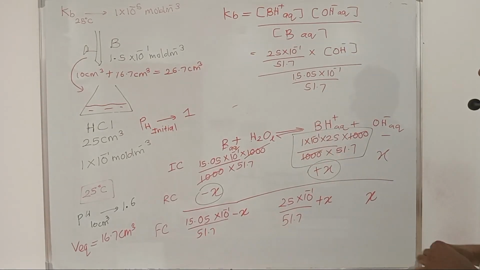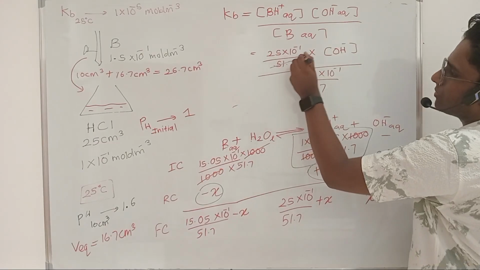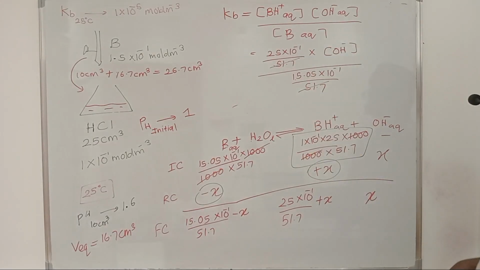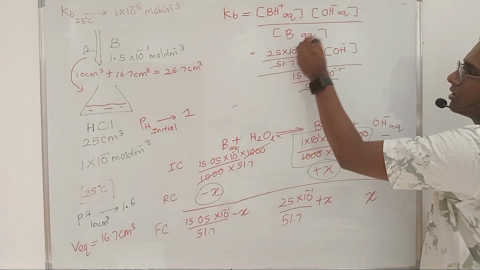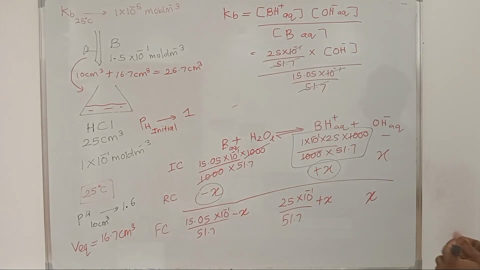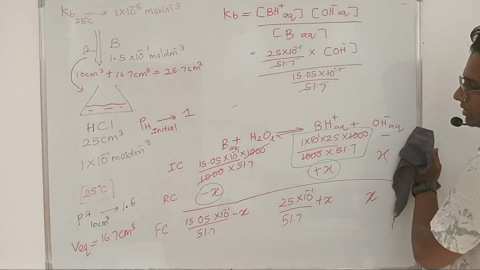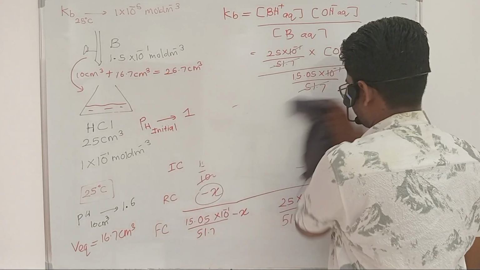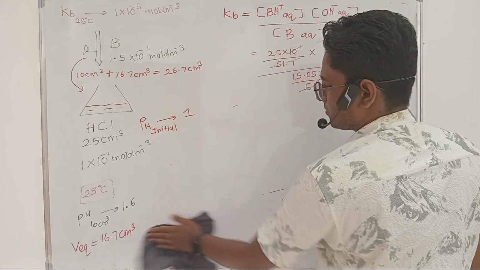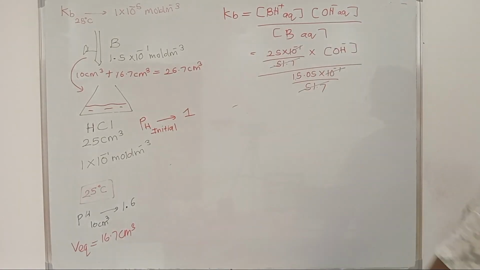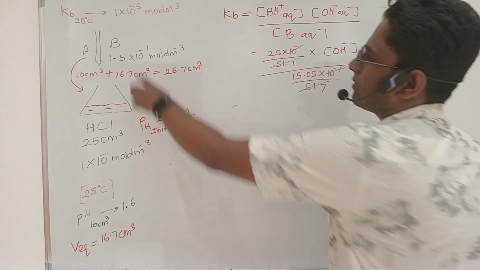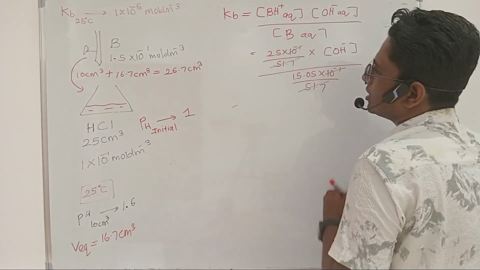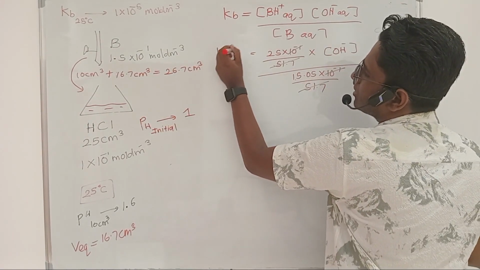Now I can cut this 51.7, and 10 to the power minus 1 also I can cut. So 25 divided by 15.05. Now I can find the concentration of OH minus. Kb value also they have given, right? Kb value is 1 into 10 to the power minus 5.